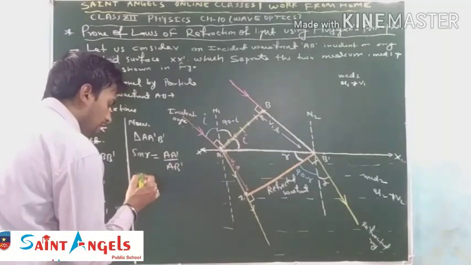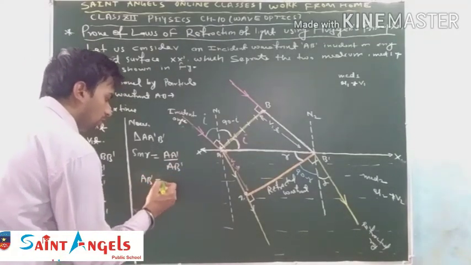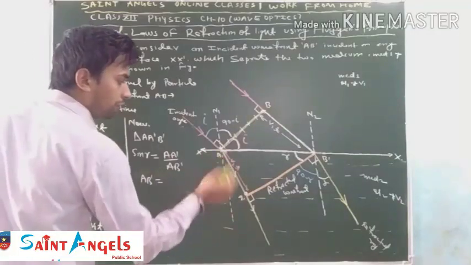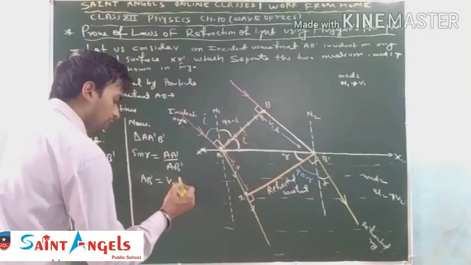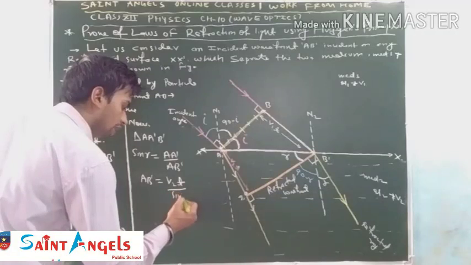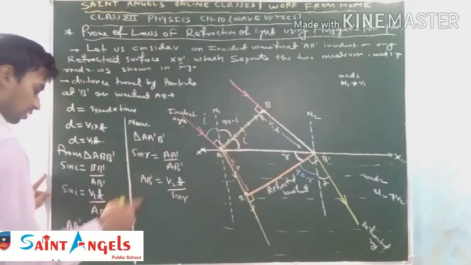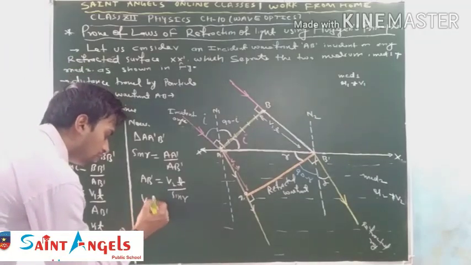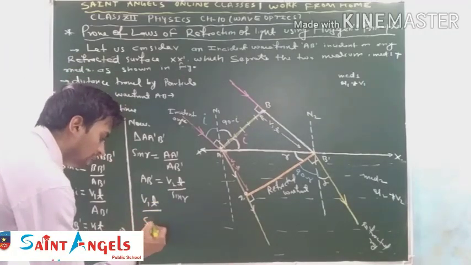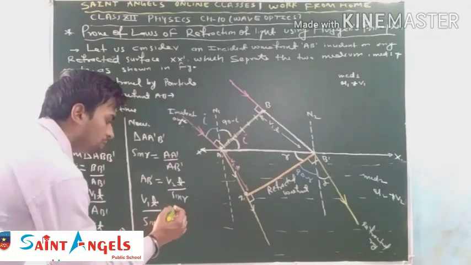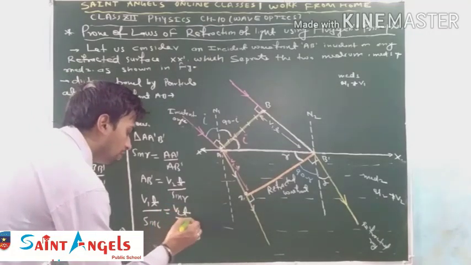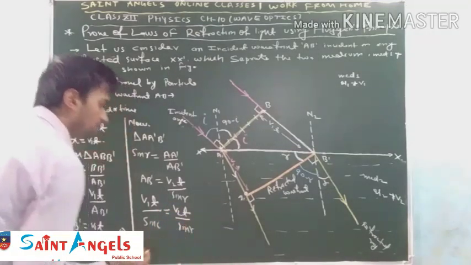By solving, we get AB dash equal to AA dash upon sin r, that is v2 t upon sin r. Put the value of AB dash in this equation, we get v1 t upon sin I equal to v2 t upon sin r.